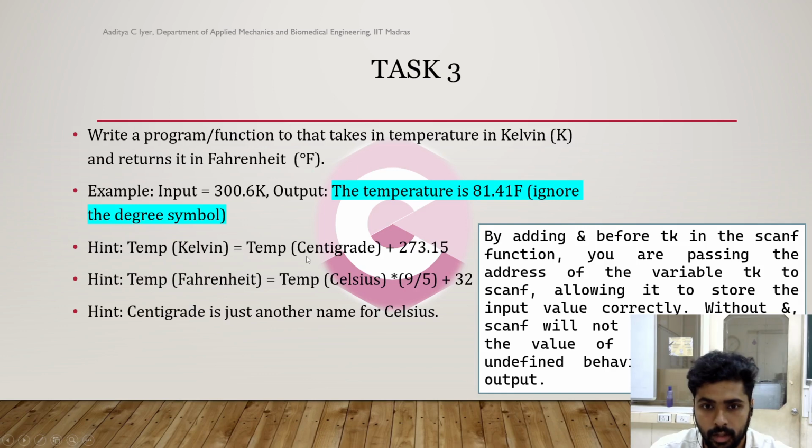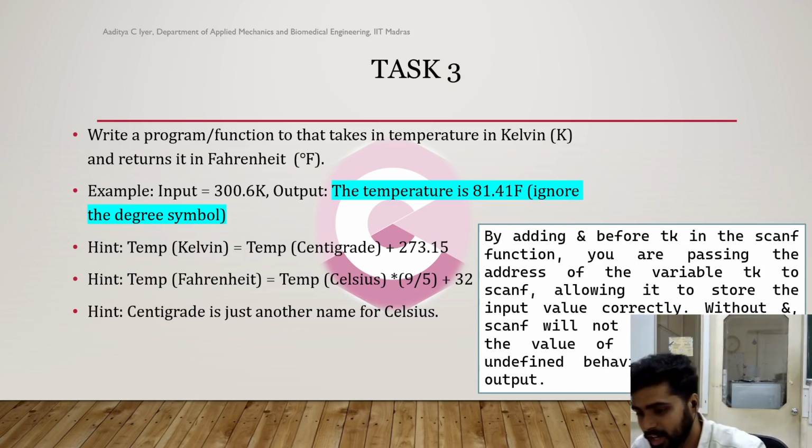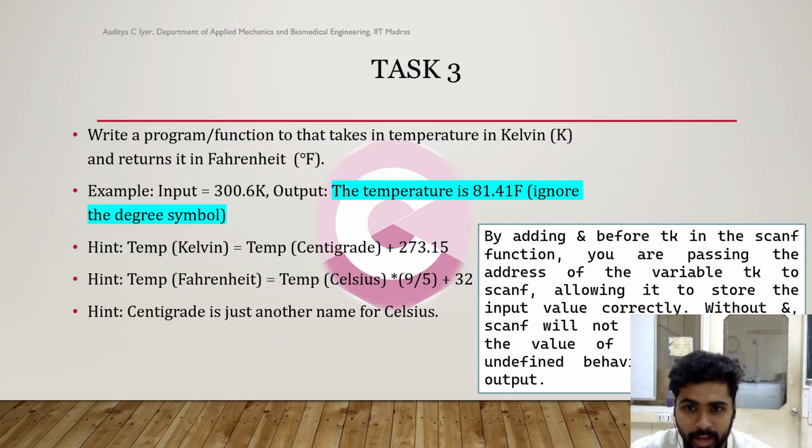So the conversion here is: temperature in Kelvin is temperature in Celsius or centigrade, both are same, plus 273.15. So water that becomes ice at 0 degree centigrade is same as 273.15 Kelvin. With Fahrenheit and Celsius we use degree Fahrenheit and degree Celsius. With Kelvin we don't say that, we just say Kelvin.